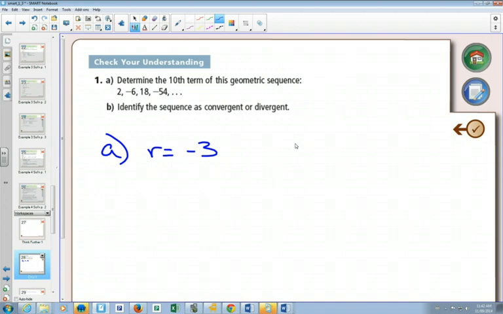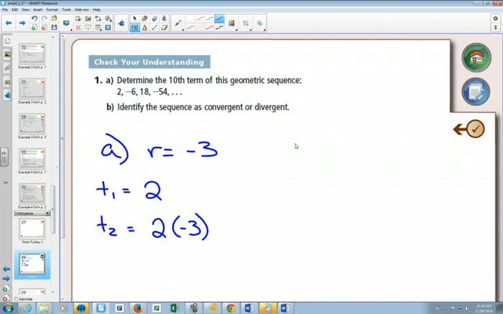Okay? The other thing is we can use the same idea that we had when we did differences and say, well, if I look for a pattern, I start with term 1 is 2, right? The second term is just that first term, and I'd have to multiply by -3 once.